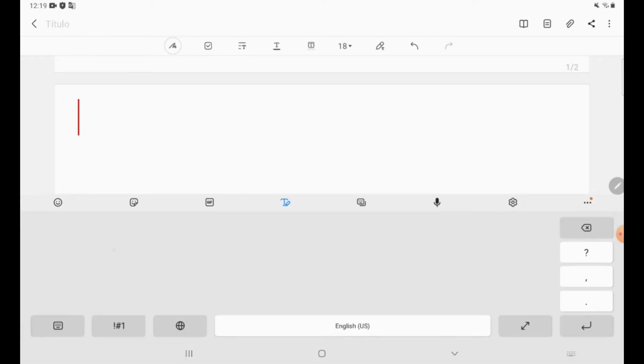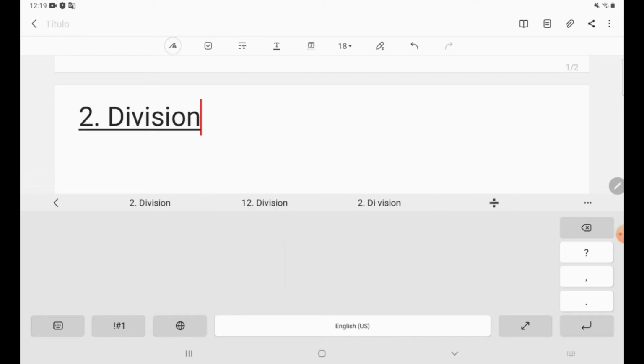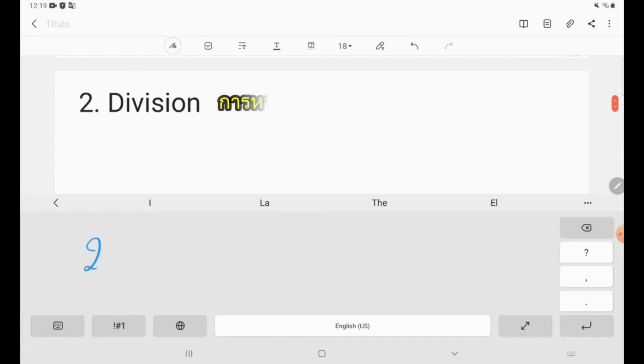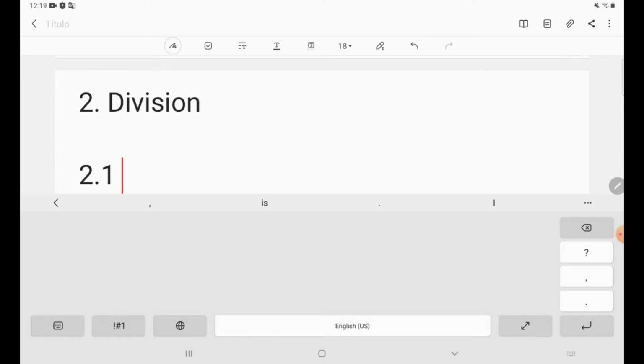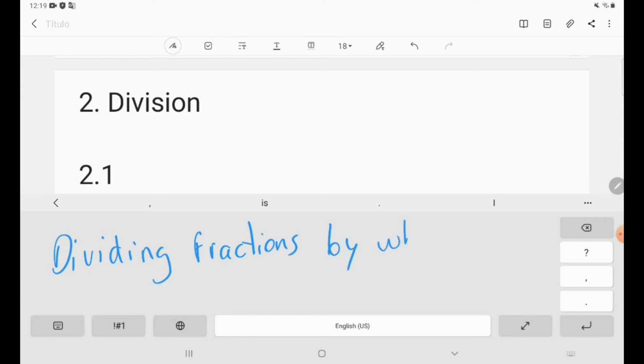The second content of today is divisions. The first case that we are learning today is dividing fractions by whole numbers.